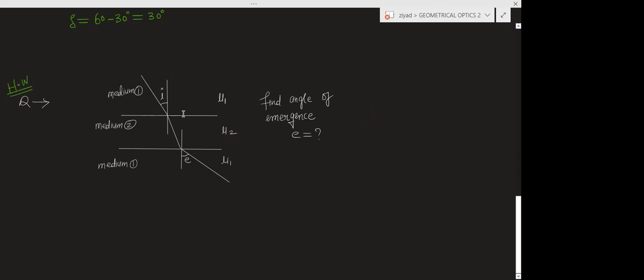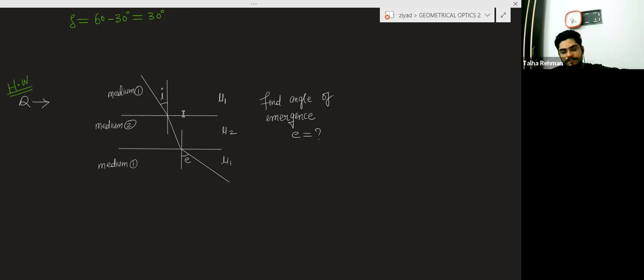And Snell's law is valid for a given pair of media. First apply Snell's law in medium 1 and medium 2 for this pair of media, and after that apply Snell's law for this other pair of media. Then you will get this angle e.